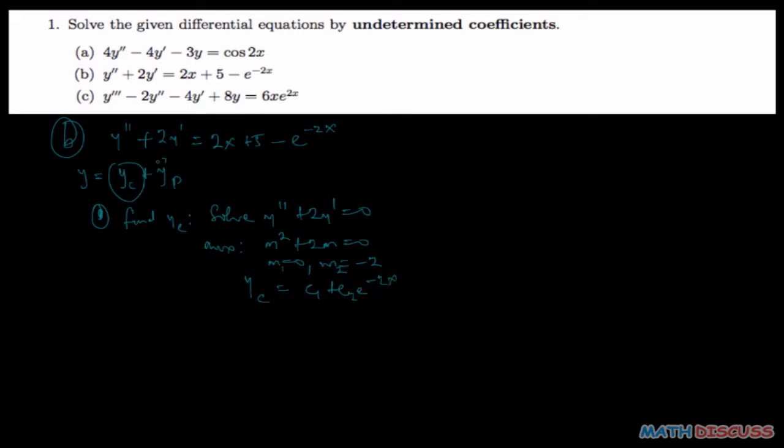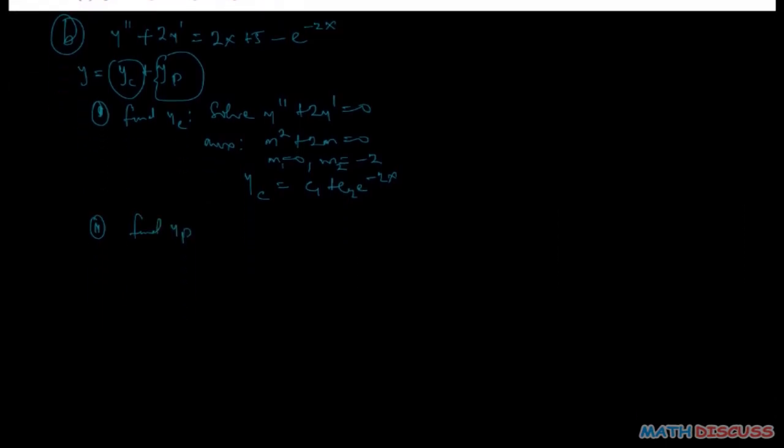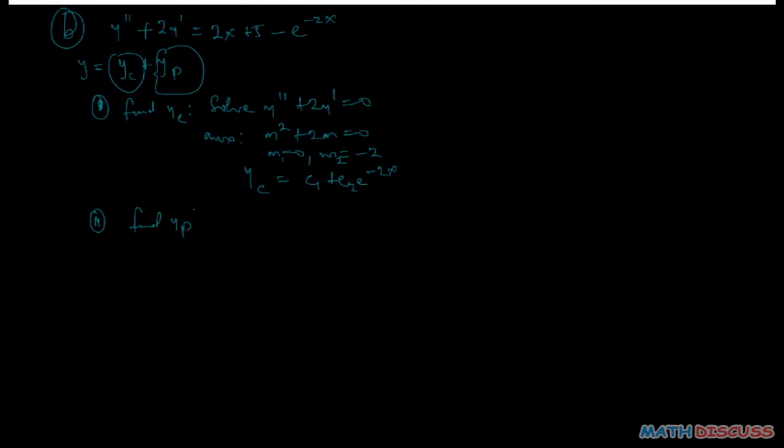Now the next thing is we want to find yp. Since we're using the method of undetermined coefficients, the superposition approach, we're going to assume a form for a particular solution.